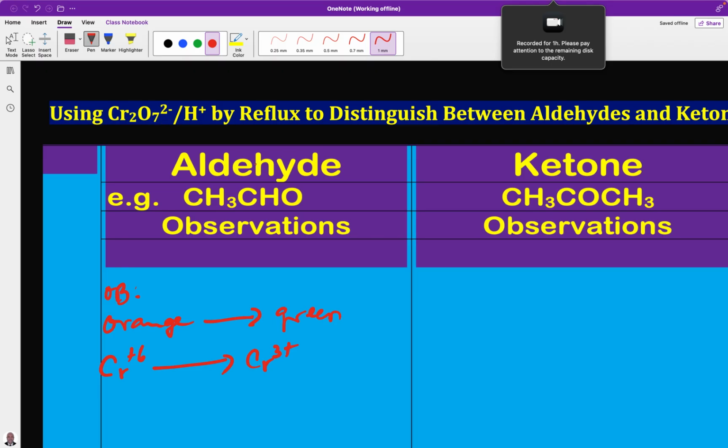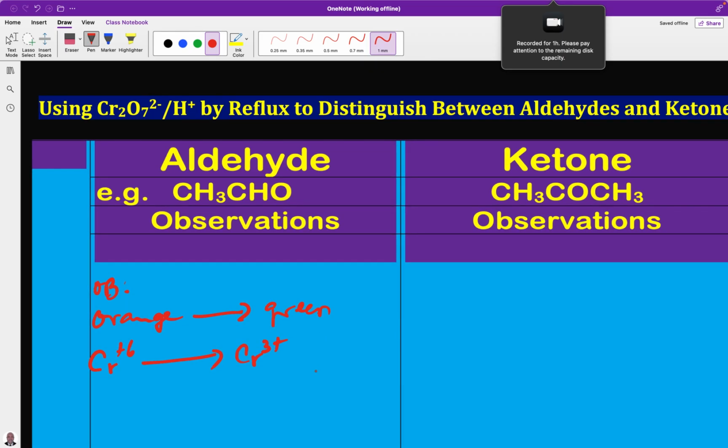It is going to oxidize the aldehyde to the corresponding carboxylic acid. And the color is going to change from orange to green, indicating that the orange dichromate is reduced from +6 to +3 ions.